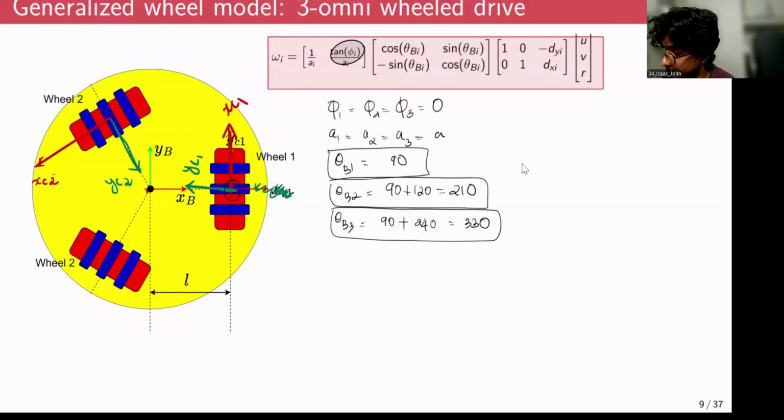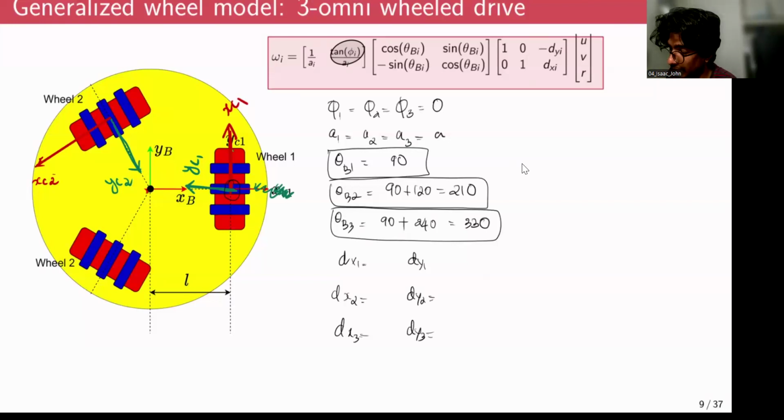And what about dx1, dy1, dx2, dy2, dx3, dy3? What about these coordinates?